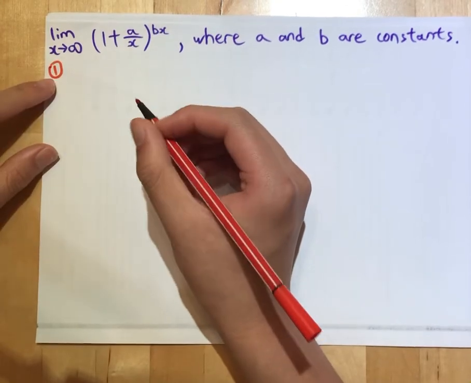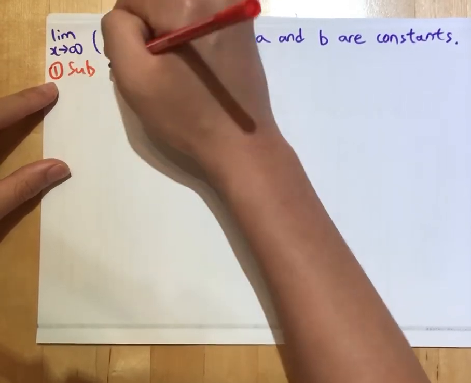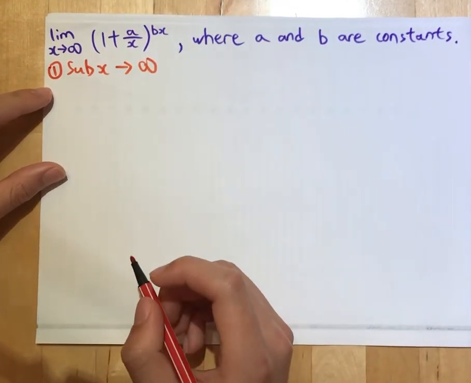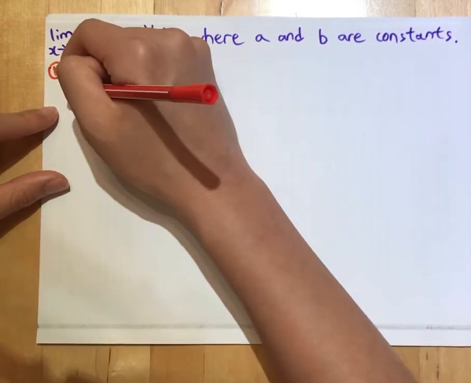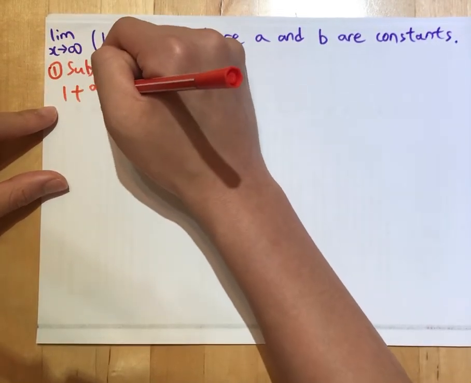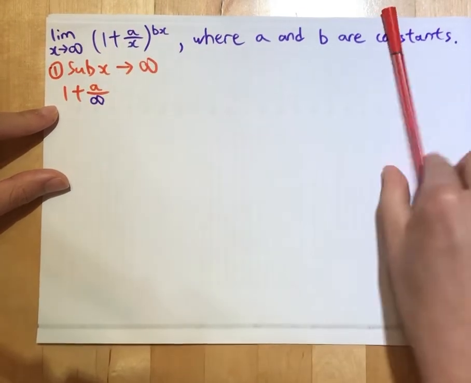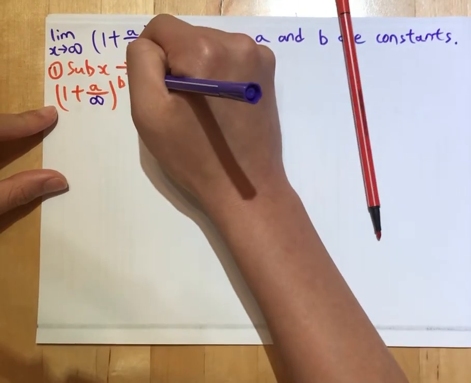So our first try of substituting x to infinity. So what will we get? We will get (1 plus a divided by infinity) to the power of b infinity.